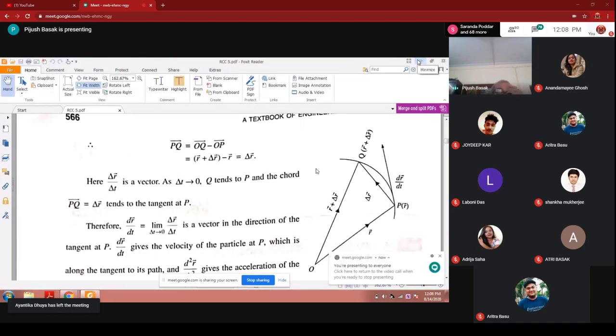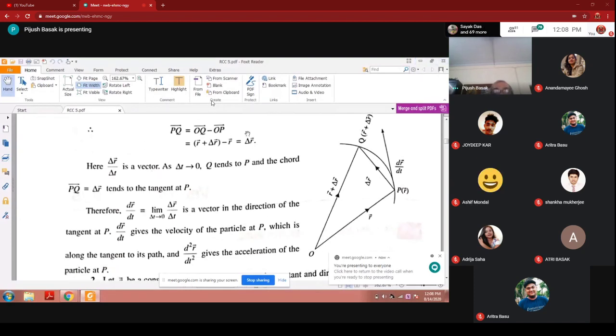PQ is OQ minus OP. That is, r plus delta r is the position vector of Q minus r, the position vector of P, so it is only delta r. Here, delta r by delta t is a vector. As delta t tends to 0, Q tends to P, which is obvious.